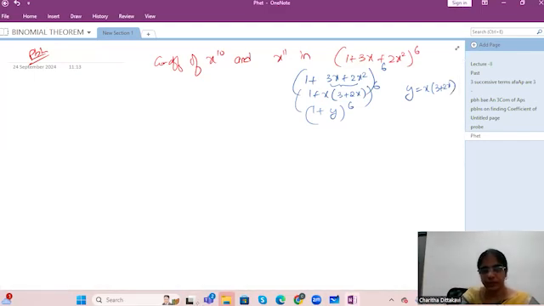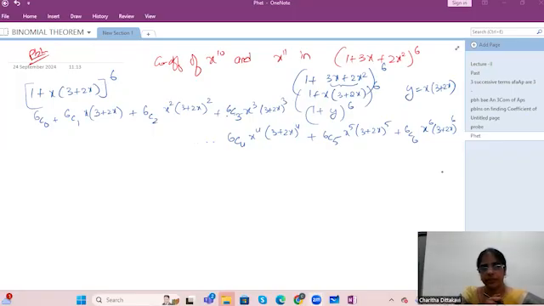Understood that? Right. Now, what about the expansion of this? So (1 plus y) whole to the power 6 expansion, or 1 plus some nonsense whole to the power 6 expansion. So let me just write that expansion here. So the whole expansion is what I have written here.